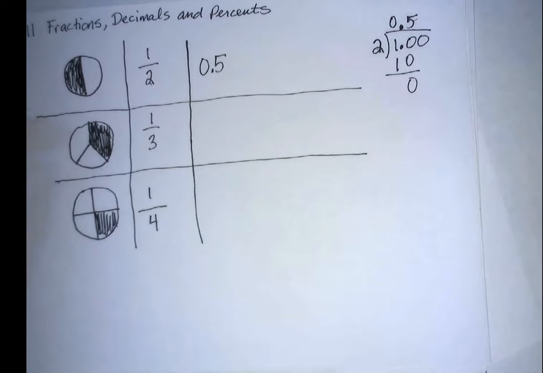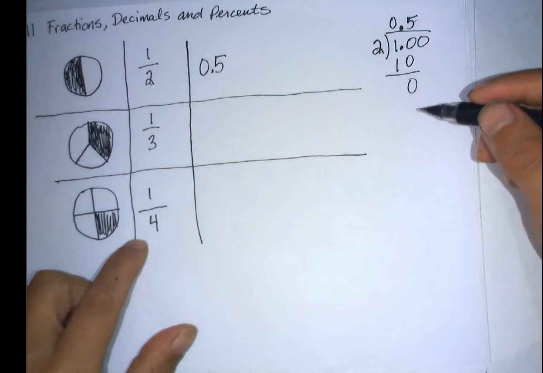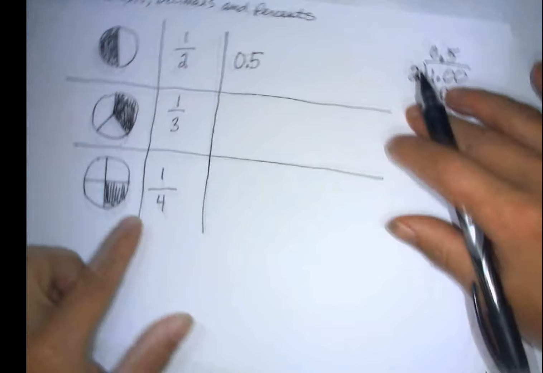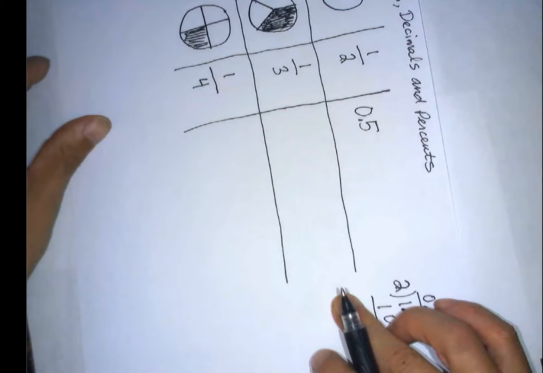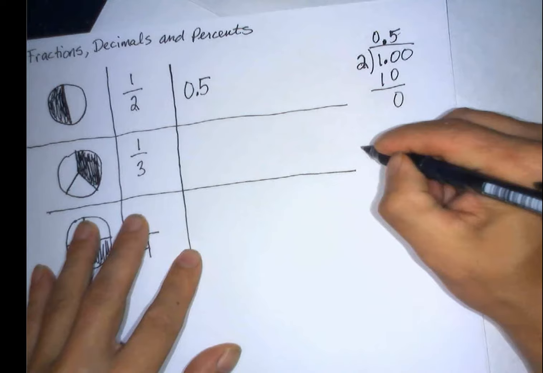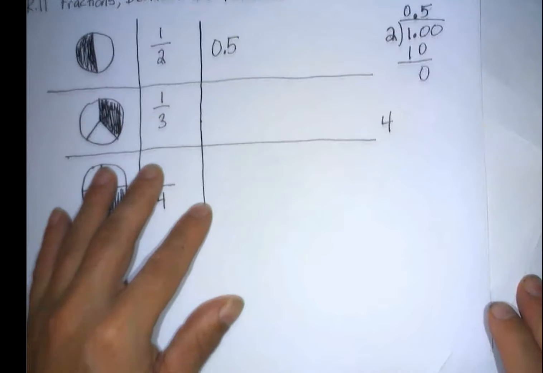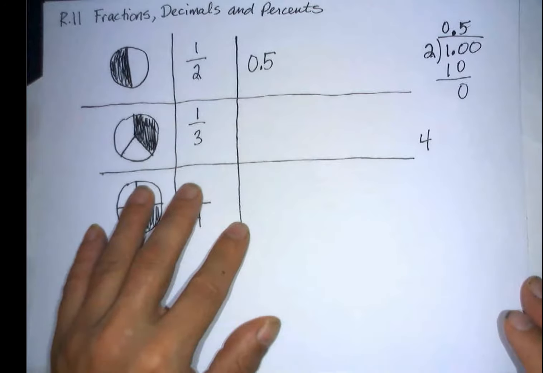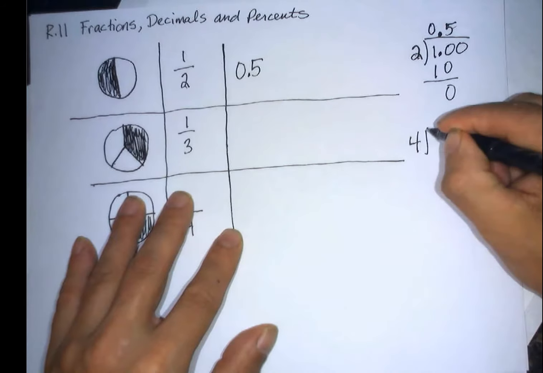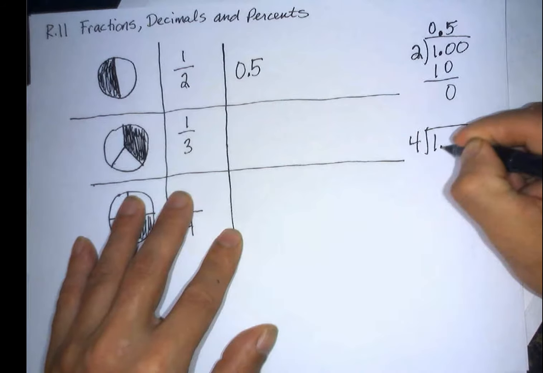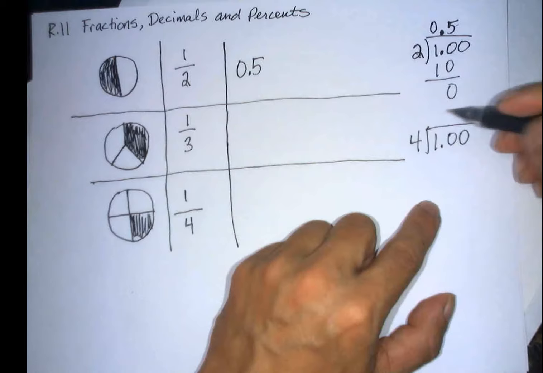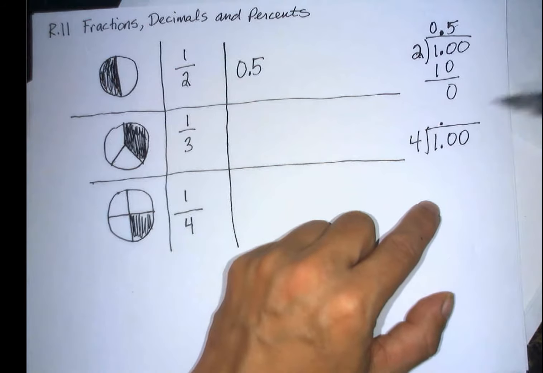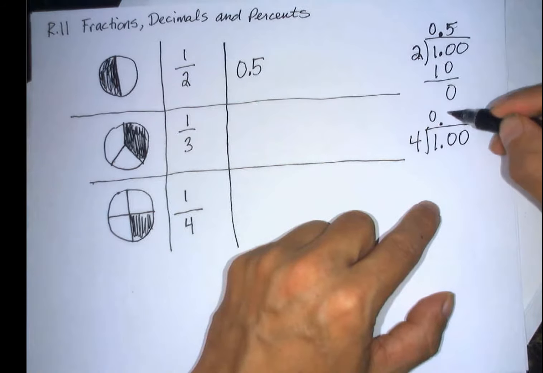I'm going to skip 1/3 for right now. Let's do the same thing with 1/4. Remember, if I turn it sideways, the 4 is going to be on the outside to the left. So it's going to be 4 going into 1.00. And the decimal comes straight up. 4 does not go into 1, but it goes into 10 twice.